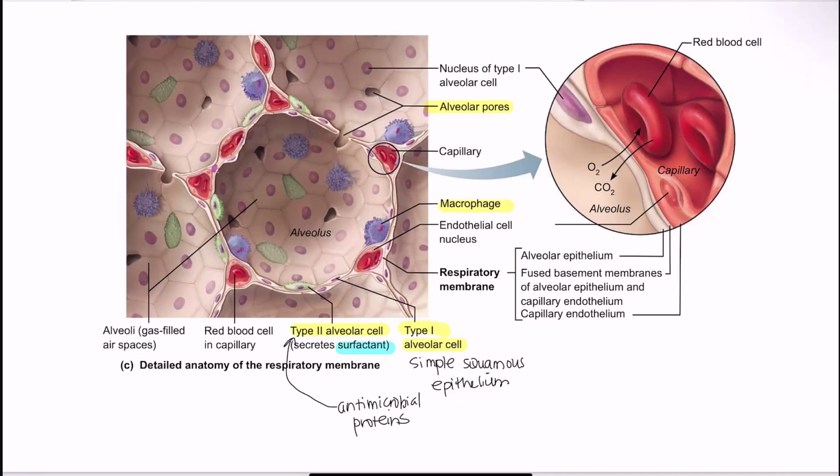So all of these alveoli are really tightly stuck together, but in those little gaps, that's where our little capillaries are, and this is where gas exchange occurs. Notice that inside of the alveolus, we'd have lots of oxygen, so that will go into the blood, and then from the blood, we'll get rid of that CO2. So we'll add the CO2 into here, and then we'll breathe it out of the lungs. We'll talk more about gas exchange in a future video.